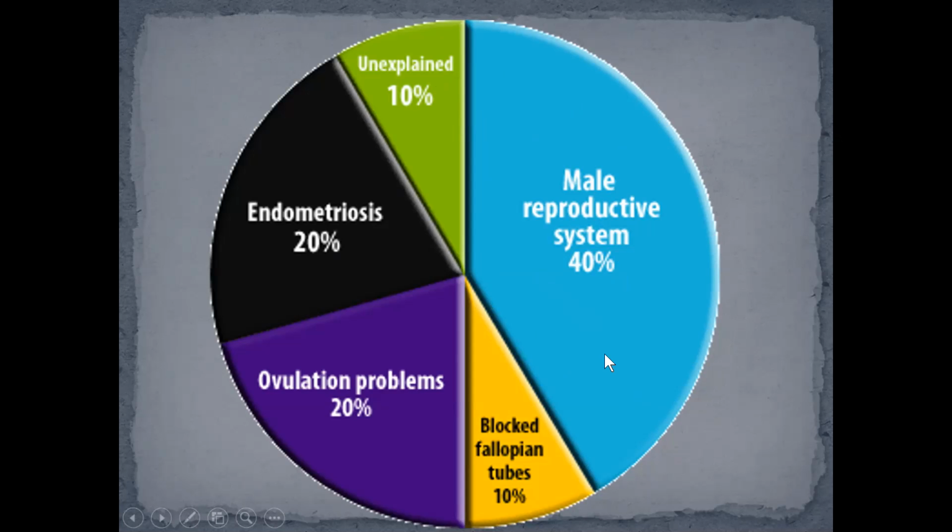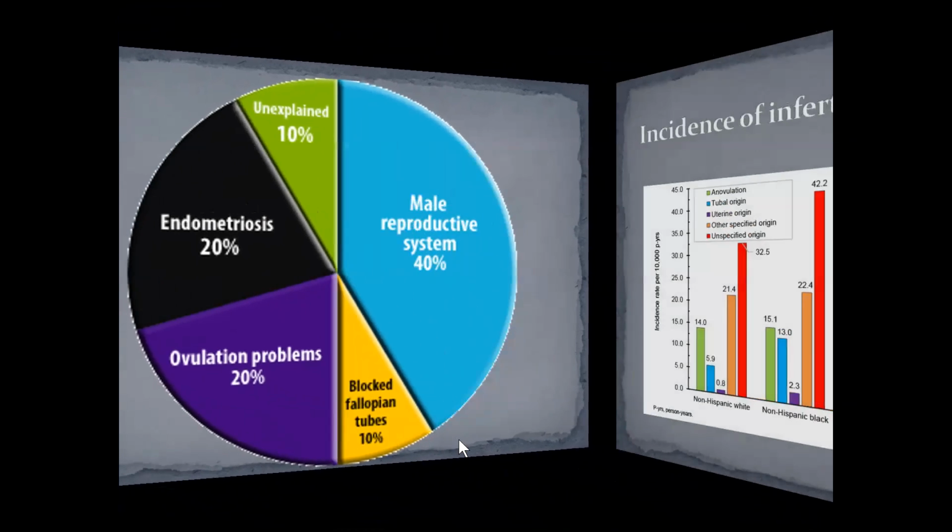After that, an equal amount of endometriosis and ovulatory problems, accounting for 20% each, are responsible for most of the female infertility. 10% of female infertility is caused by unexplained factors and 10% by the tuboperitoneal factor, or blocked fallopian tubes.